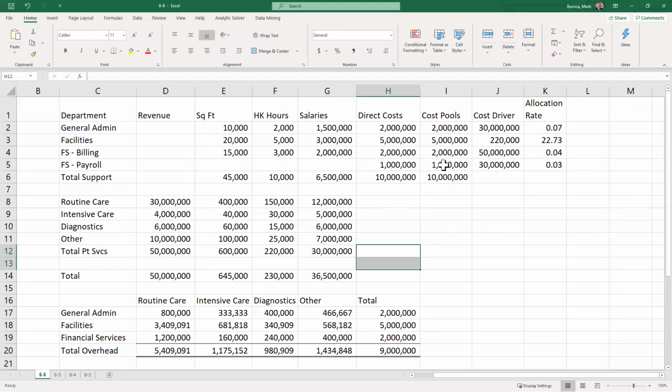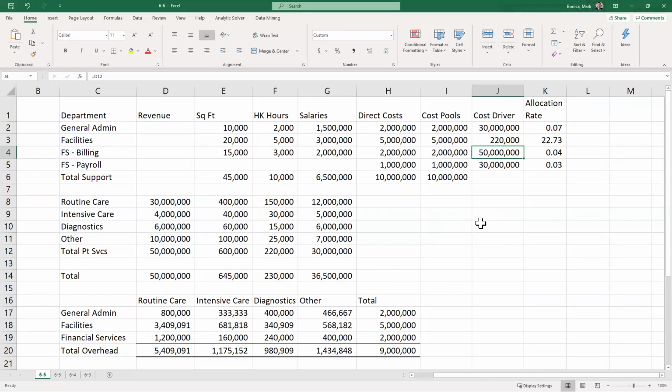If I was going to actually look at billing, I think I would want to know the number of bills rather than the value of the bills, because for a biller, it really relies on the number of lines that the biller is entering. It doesn't matter if the line has a big dollar amount or a small dollar amount.